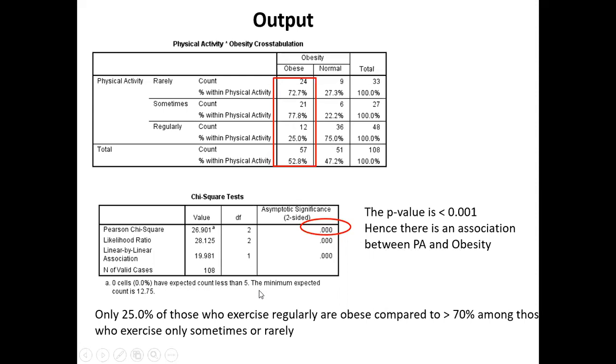Look below the table, the minimum expected count here is 12.75. For a sample size of more than 100, this must be at least 1. If not, some cells are empty. We'll see an example later.